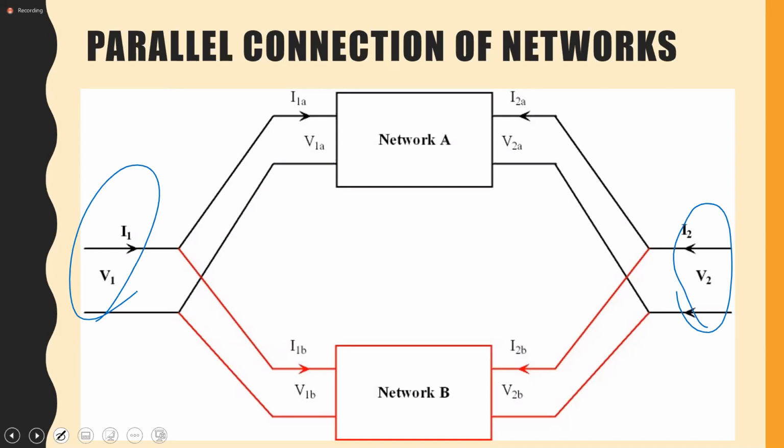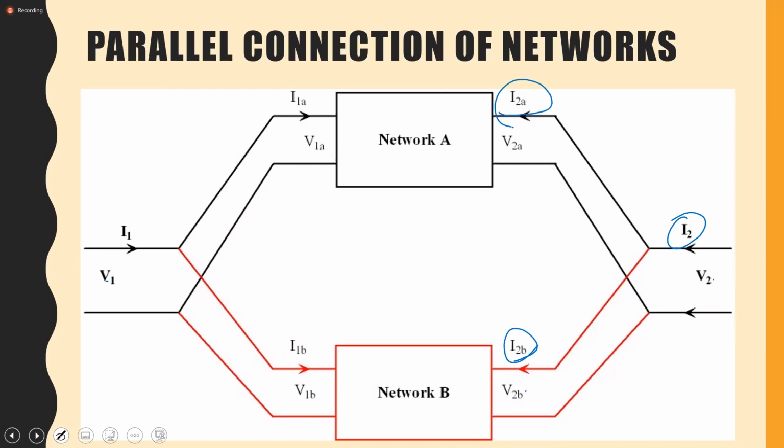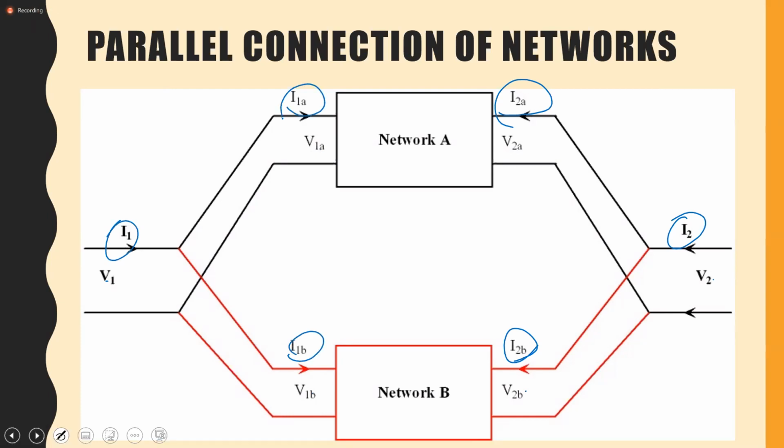So the key things we need to take into consideration are that V1 is equal to V1A, and it's also equal to V1B, and V2 is equal to V2B and V2A. I2 would be equal to I2B plus I2A, and I1 would be equal to I1B plus I1A.